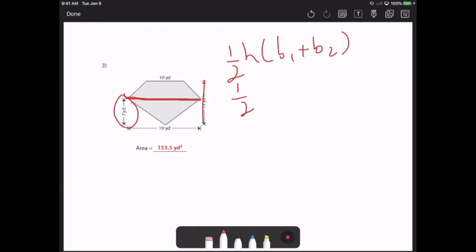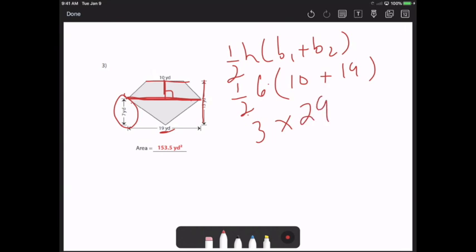The whole thing's 13, so the height has to be 6. So it's 6 times b1, which is 10, plus b2, which is 19. So it's going to be half of 6, which is 3, times 10 plus 19 is 29. So you could do 3 times 30, which is 90, subtract one of the 3's, so you get 87. So that trapezoid is 87 yards squared.